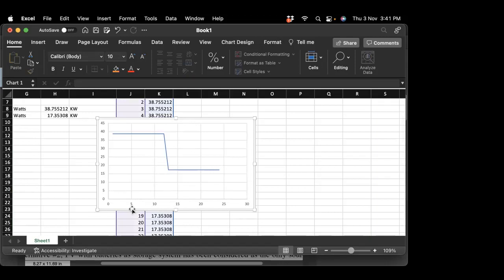So herein, the x-axis represents the time in hours, the y-axis represents the power in kilowatt. So simply, the area under this curve represents the total energy consumed in kilowatt hour per day. And this is considered as our first step toward having a sizing process.